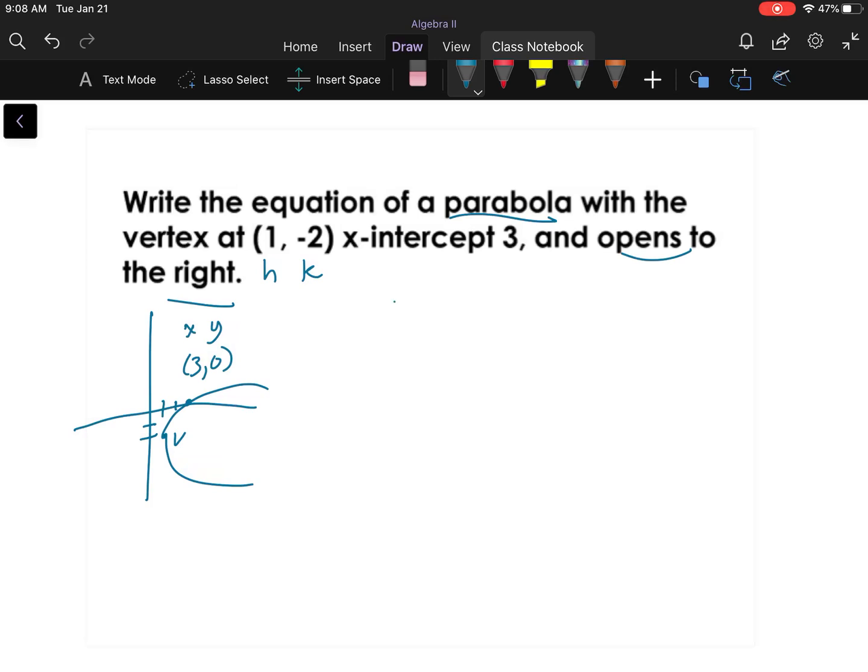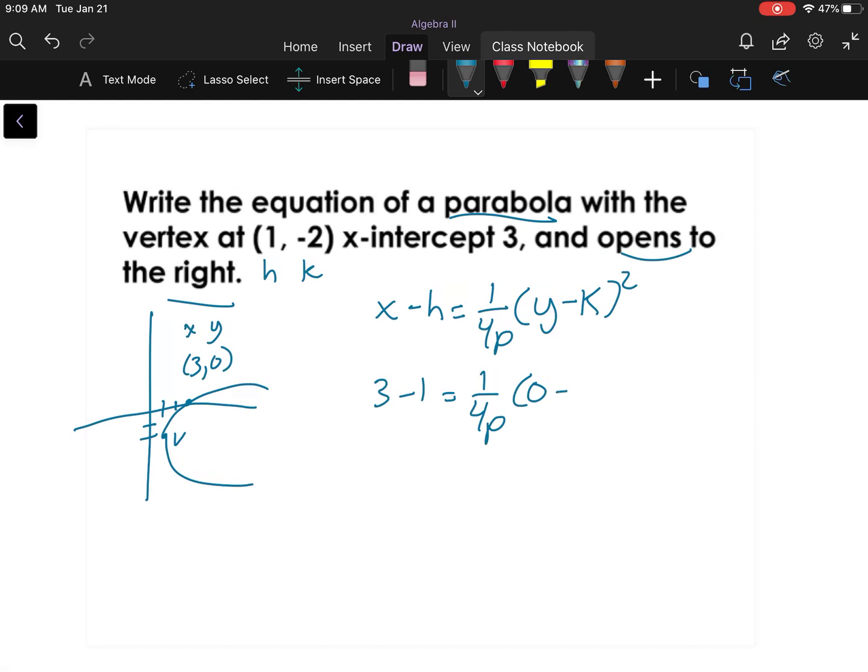Okay, so how does it open to the right? Well, then I know it's x minus h equals 1 over 4p, and this is going to be positive because it opens to the right, times y minus k squared. So my x, 3 minus the h, my y, which is going to be 0.